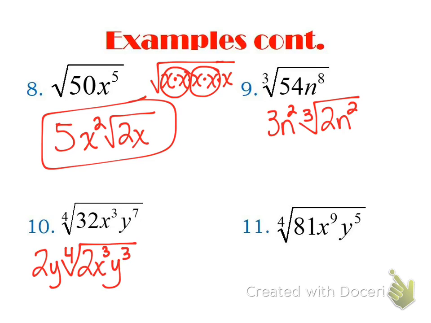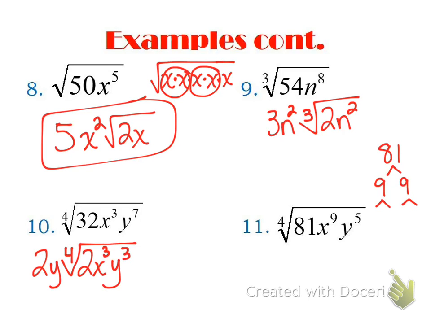All right, what about 11? Anybody get an answer? No brave souls. Let's just talk through number 11 then. If we are taking the fourth root of 81, 81 breaks into 9 and 9.